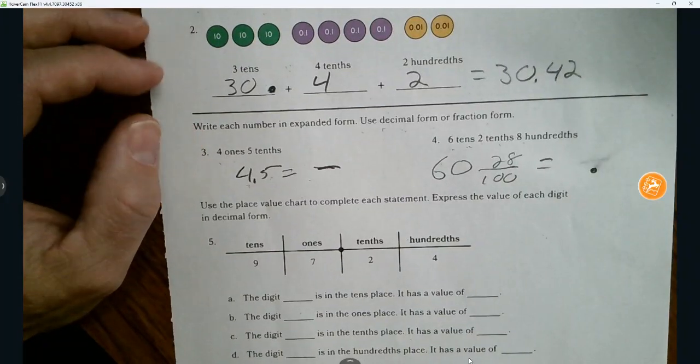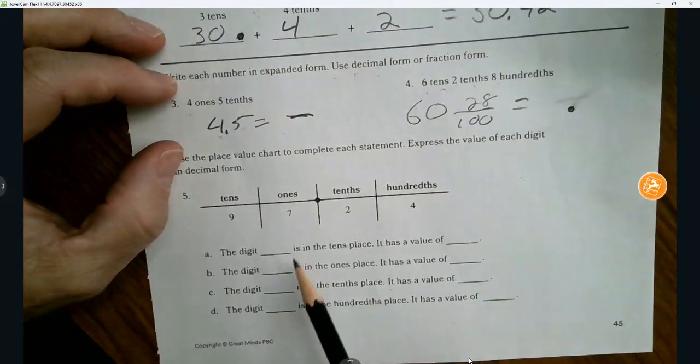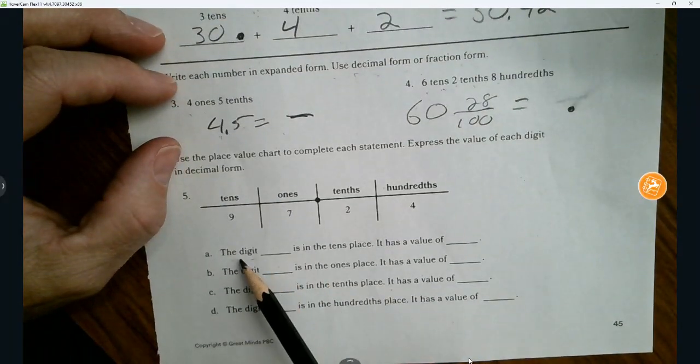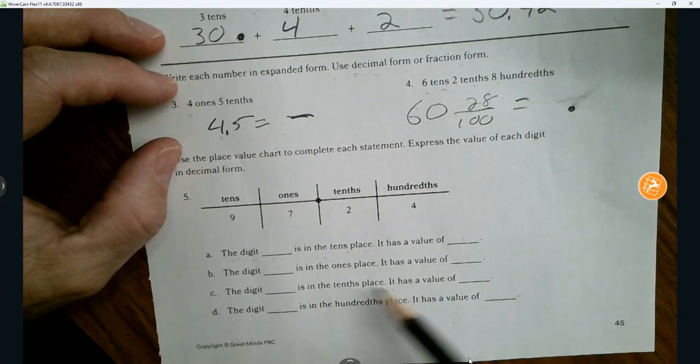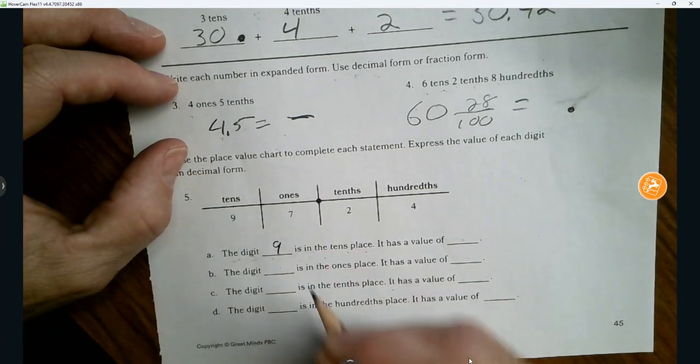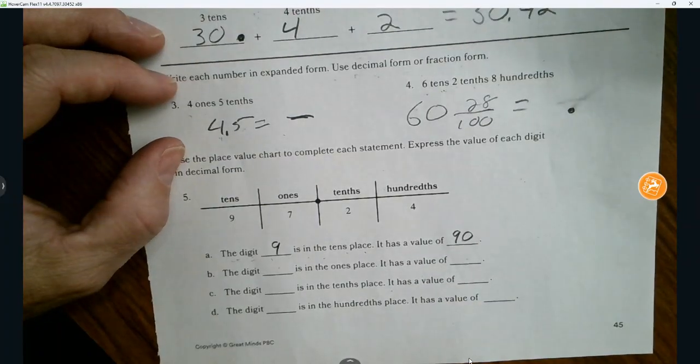Little hint there. All right, down here, tell me the digit blank is in the tens place. So you're just popping in. Then say how much it's worth down here. The digit 9 is in the tens place. It has a value of 90. Continue on from there.